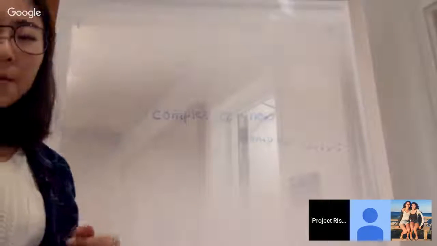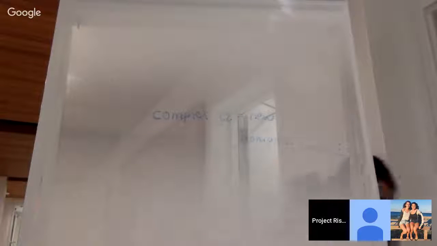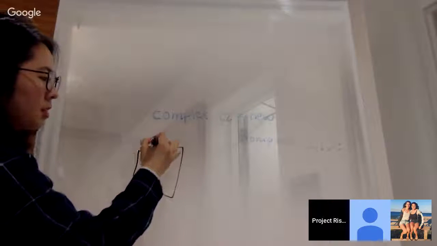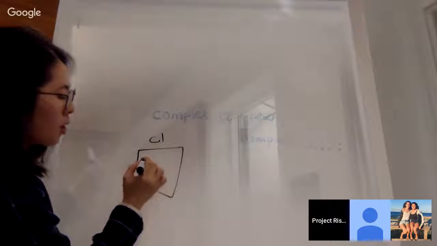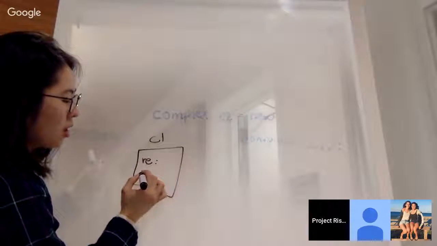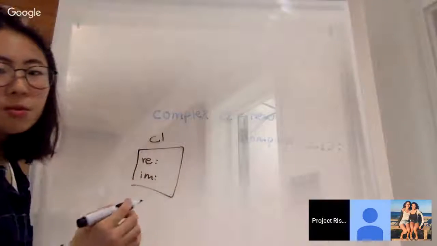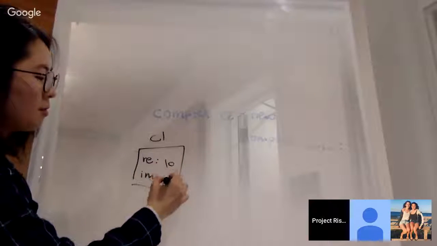Okay. So basically what this does is currently you have a C1 object where you have your real number and imaginary number set to 10 and 15.